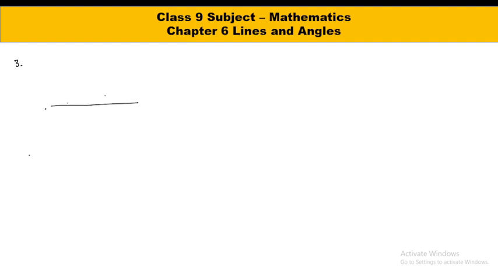Here you can see this figure, a line ST is given and a triangle is drawn above this line where the point Q is present on the line, point R is present on the line. When these two sides are extended further, the two rays will meet at a point P.